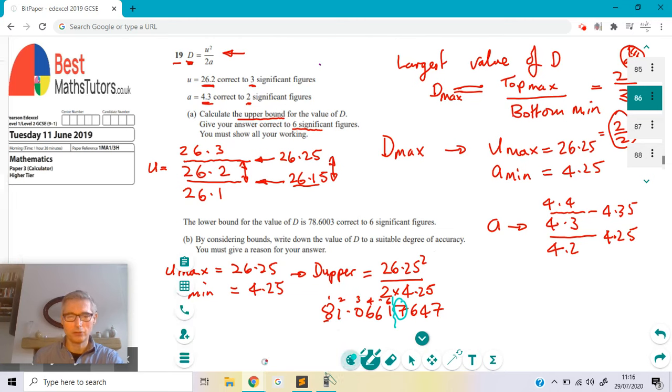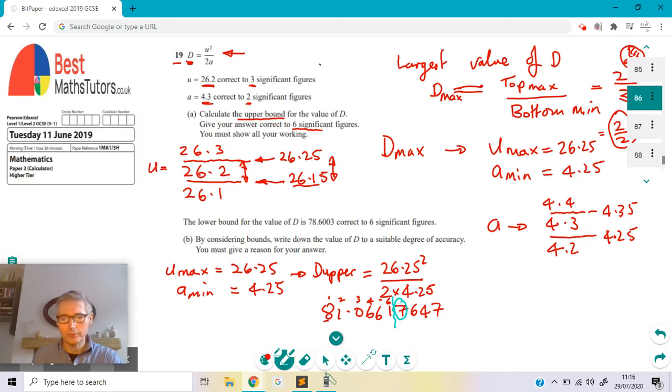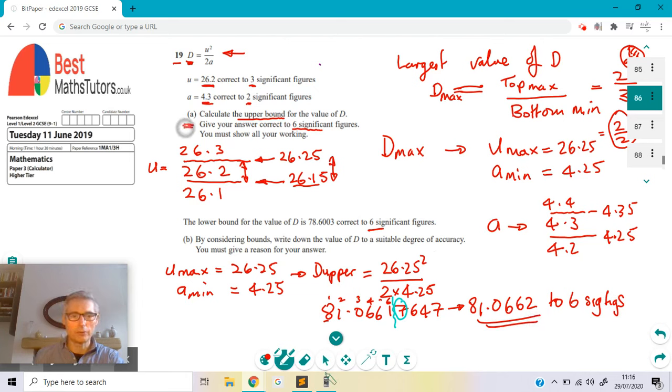So I'll just change back colour. There we go. So to 6 significant figures, it's going to be 81.0662, and that's 6 significant figures. 6 sig figs. So that's part A of the question done.